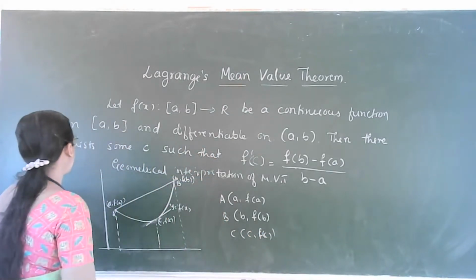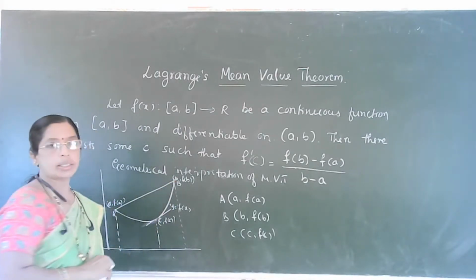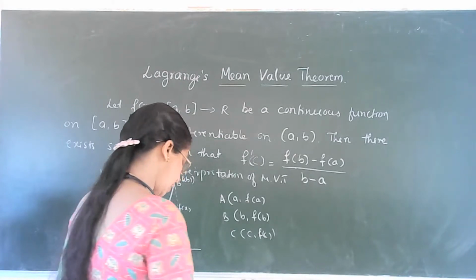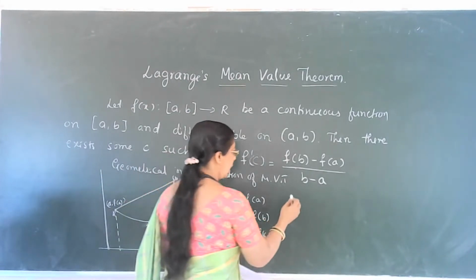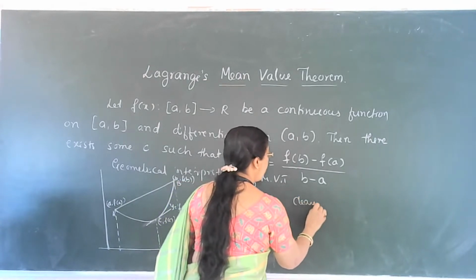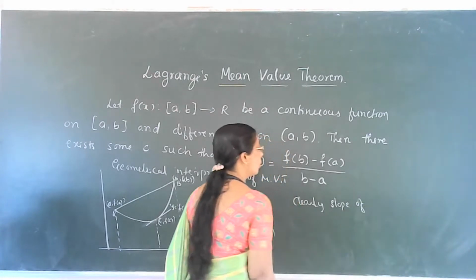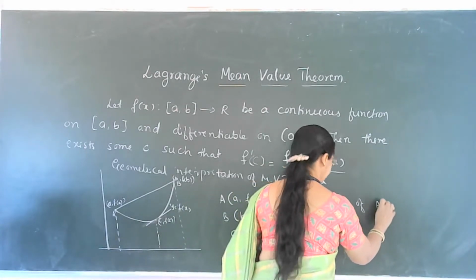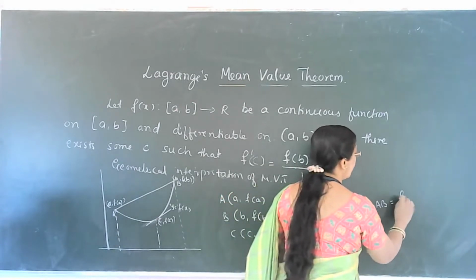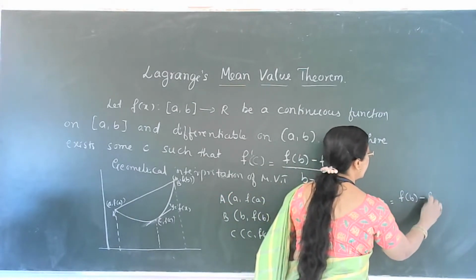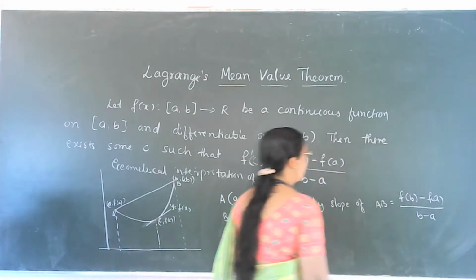The three tangents are parallel, here and here and here. Clearly the slope of the chord AB is equal to f of b minus f of a divided by b minus a.